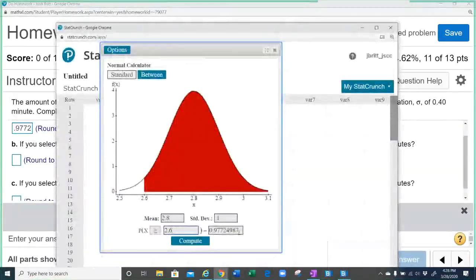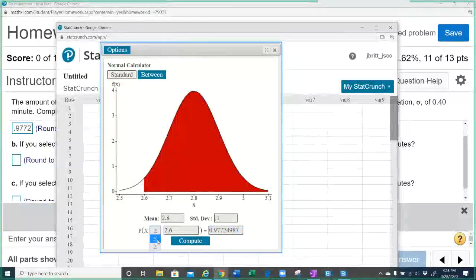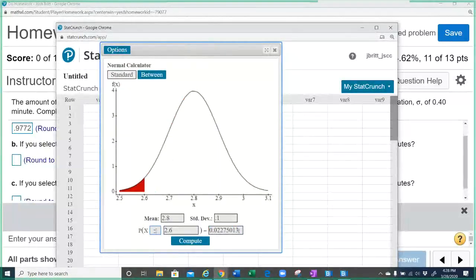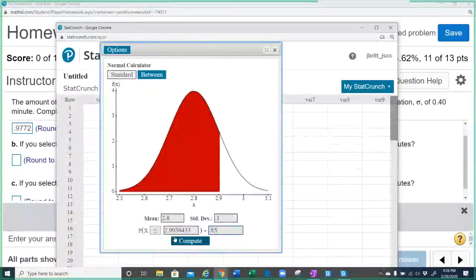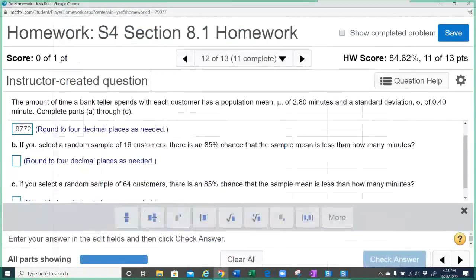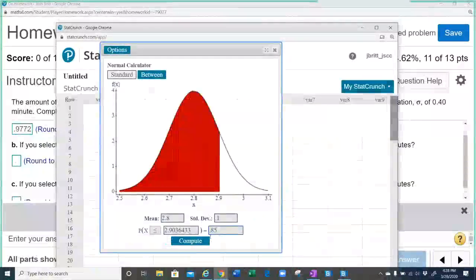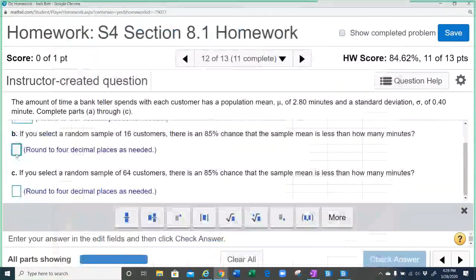So the probability is 85% chance, and it's less than, so that means the arrow goes to the left. So 85% chance, that's 2.9036.